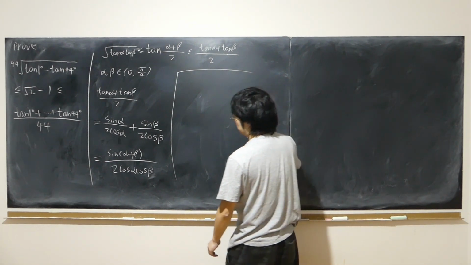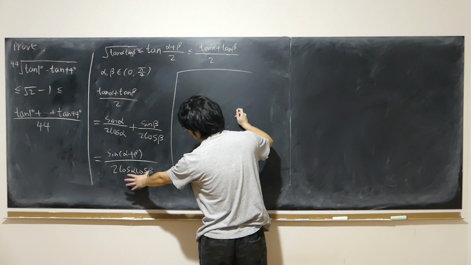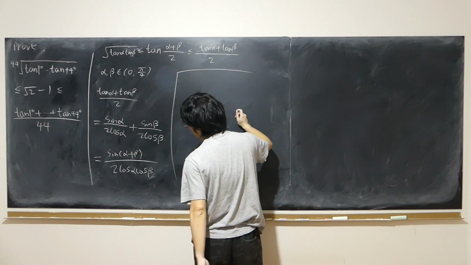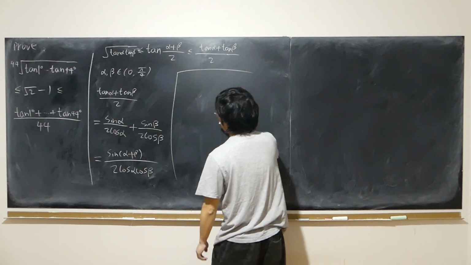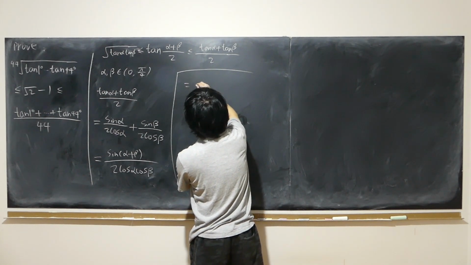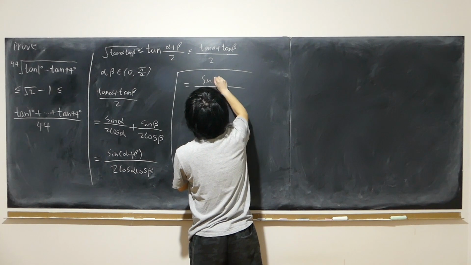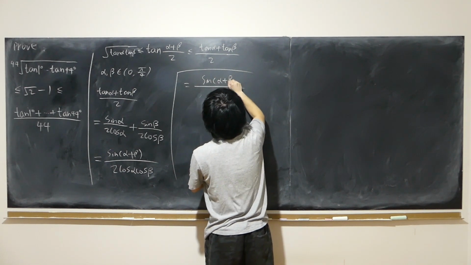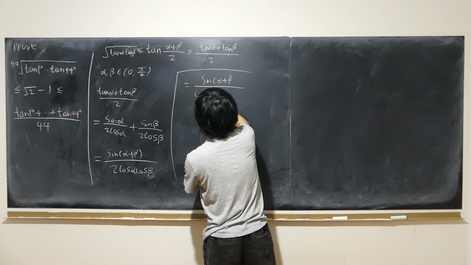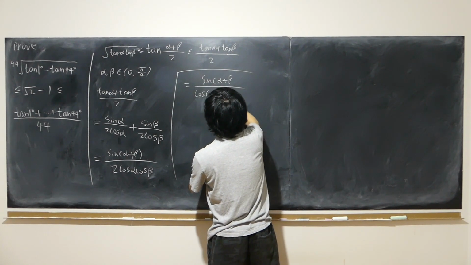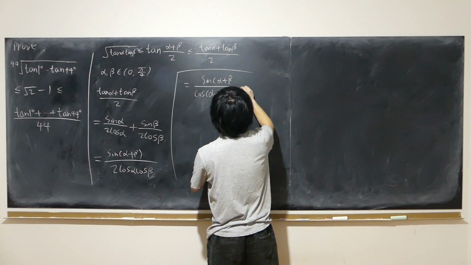Okay, so the bottom we use product to sum. Sorry, I turn product into sum. So that is equal to sine alpha plus beta. Then we can say that is cosine alpha minus beta. Right?